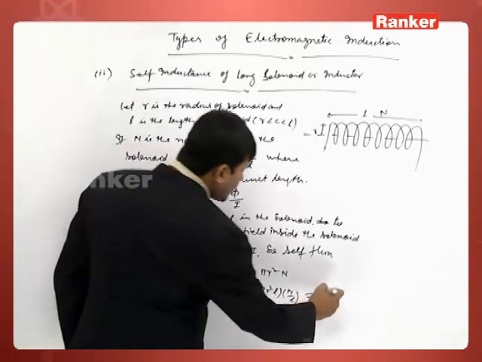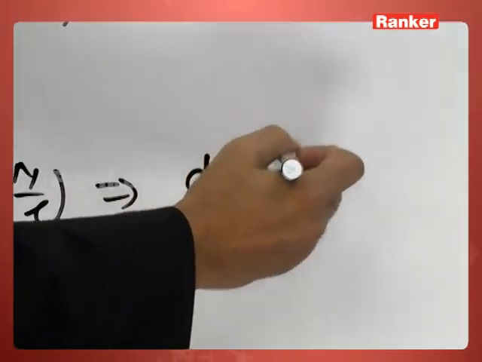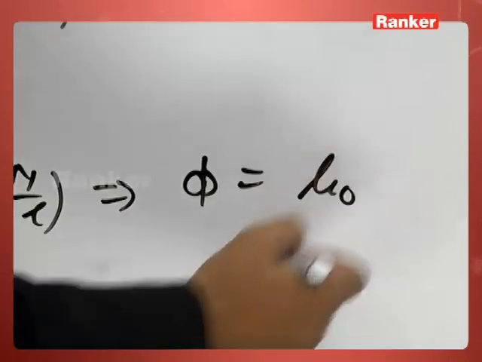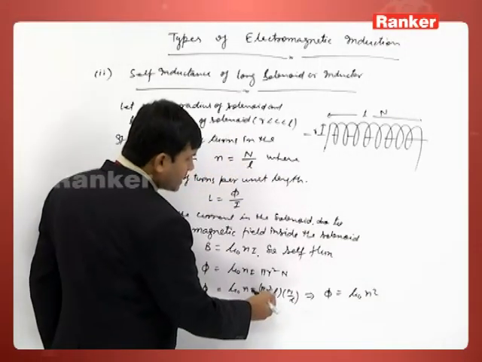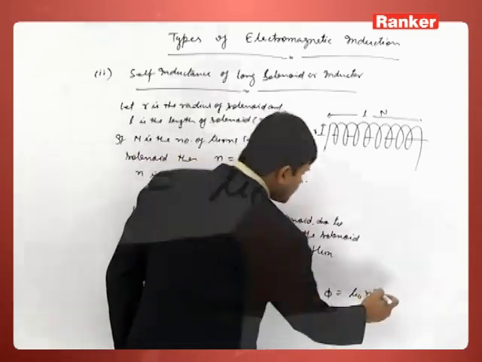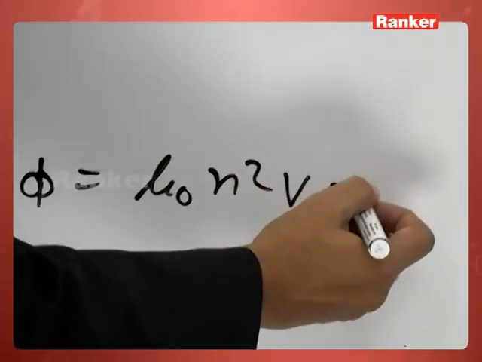So this further becomes φ = μ₀ N² πr² L, where πr²L is the volume V, into I.